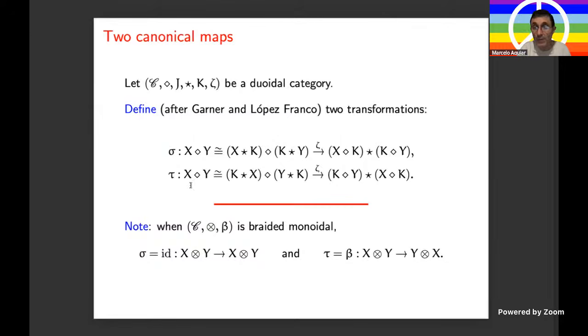And by means of tau, you're going from X tensor Y to Y tensor X. In fact, what you recover, if you look back at what zeta was in this case, are the identity and the braiding. The fact that this is the identity is the first result that Joyal and Street prove in their paper on braided monoidal categories: that when you braid the unit object with itself, that's always the identity as a consequence of the axioms.